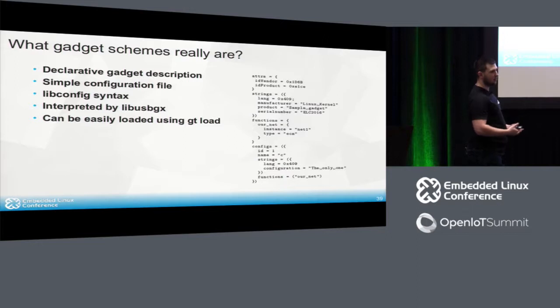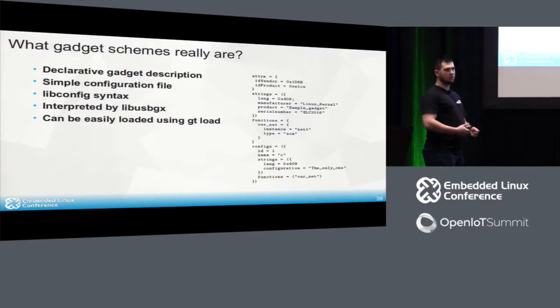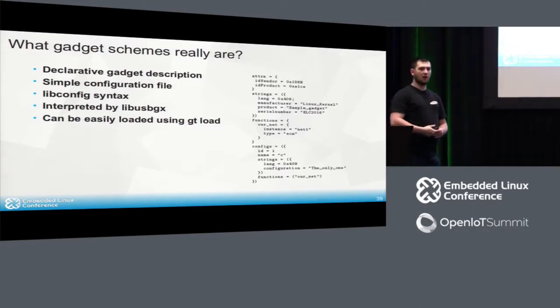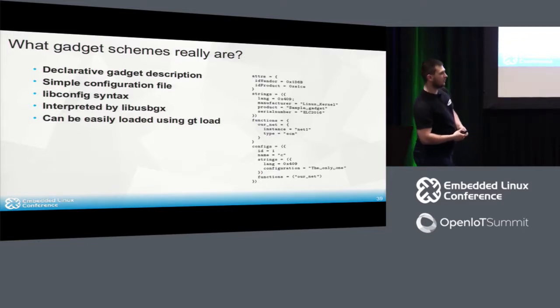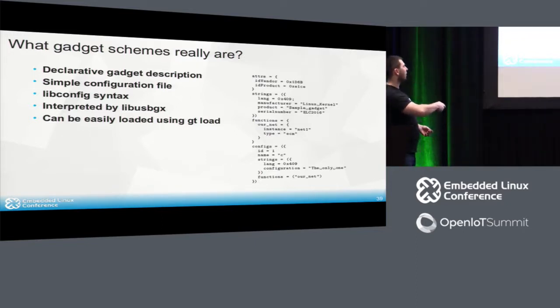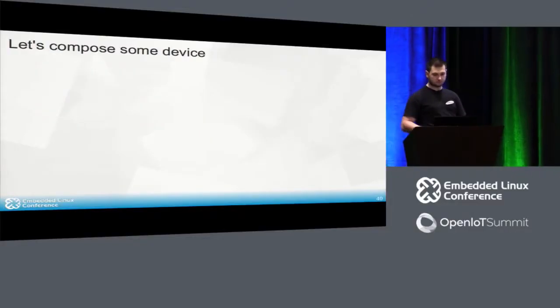Here we have one function. It's the Ethernet control model, so we will be setting up the Ethernet over USB connection. We have one configuration, and this function should be available in this configuration. Those files are interpreted by libusbgx, so you don't have to use Gadget Tool. You may create your own application which uses this library and simply call the import function. But GT can also be used to load it.